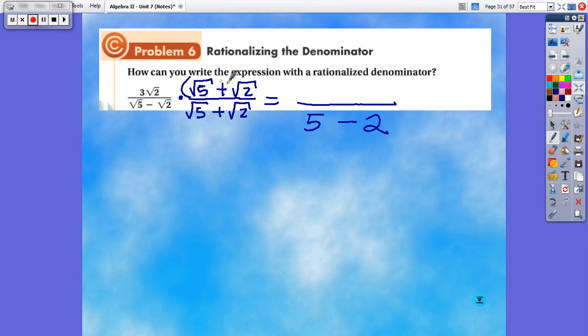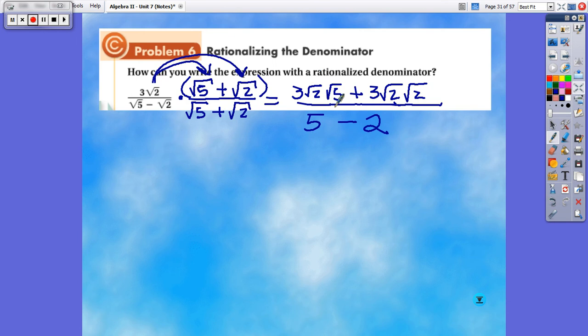So now when we multiply the numerator, we need to remember to distribute that first number to both places. 3 times root 2 times root 5, 3 root 2 root 5, plus 3 times root 2 times root 2. So now we can simplify this a little bit more.